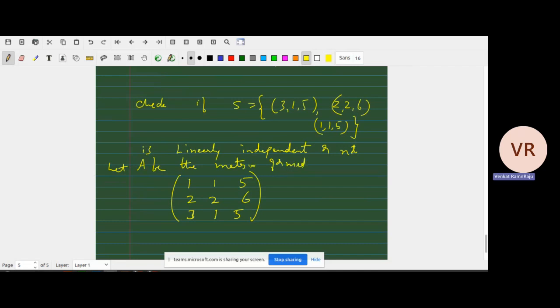Now in this case, unlike the proof that I showed earlier, I am not stacking them as columns, but I'm stacking them as rows. So both are okay. Both can be done. So A is this.